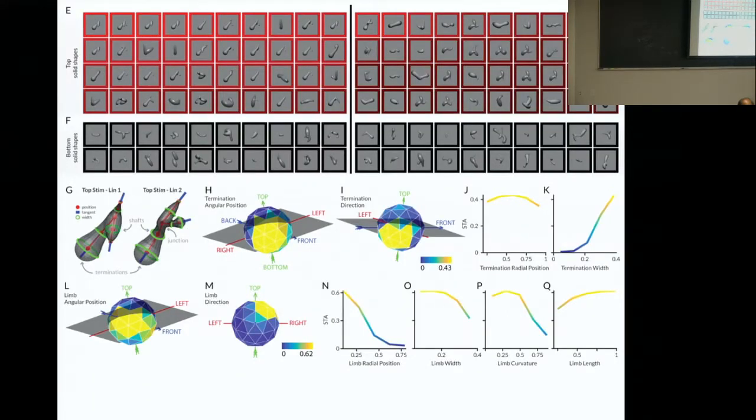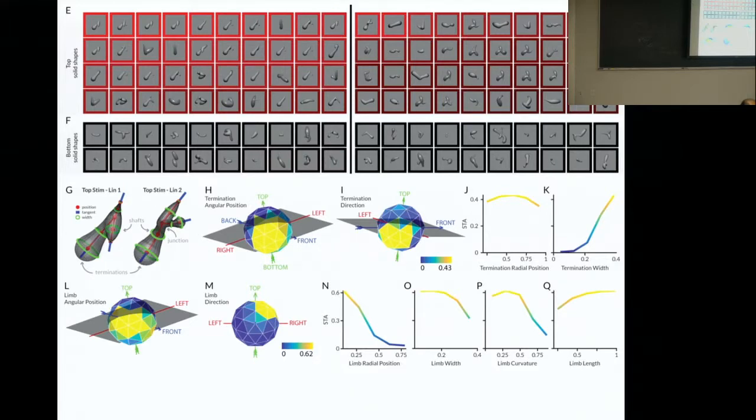So then I'll show you some analyses exemplified with this neuron that allowed us to figure out in a coarse way what aspect of solid shape was driving these neurons. If I get to stuff later, I can talk about more fine-grained analyses that are a lot closer to the kind of stuff that Peter talked about earlier this morning.